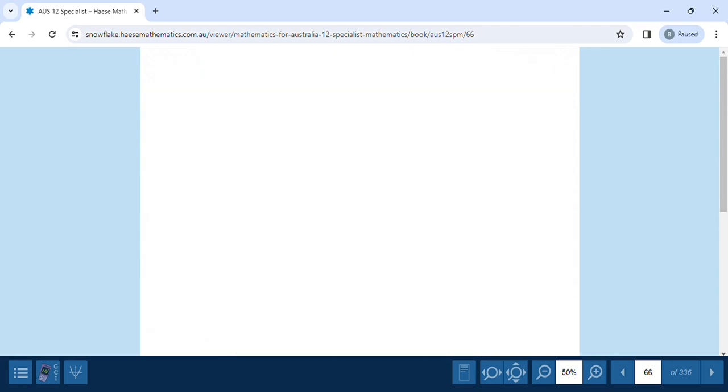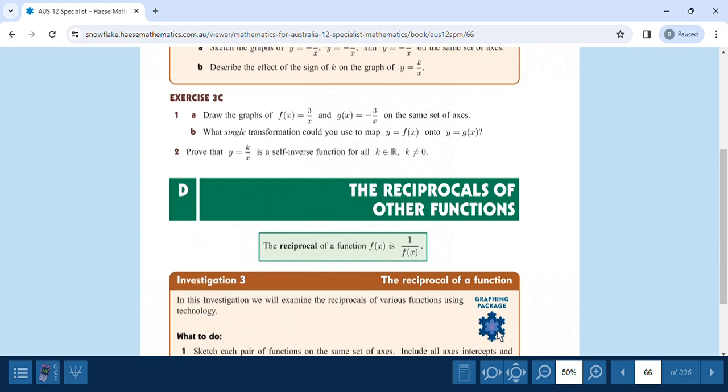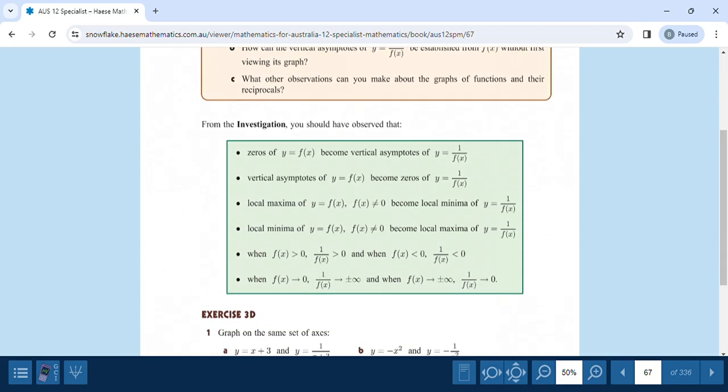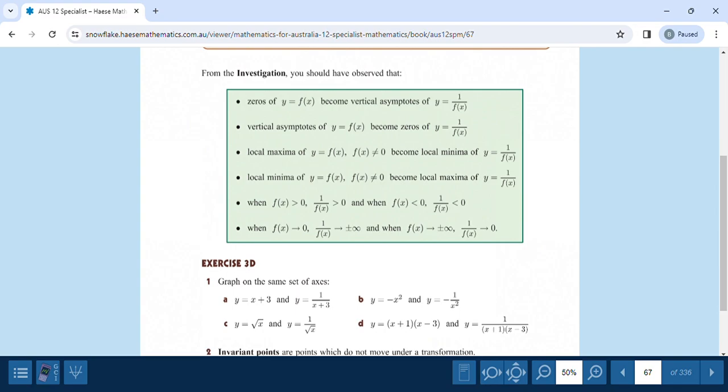So there's an investigation here, and it says from what you should have found from the investigation of these points, the zeros of f of x become vertical asymptotes of 1 over f of x, which makes sense because with anything approaching 0 on the bottom of a fraction, the whole fraction is going to approach infinity, whether in the positive direction or the negative direction, so going upwards to infinity or downwards to negative infinity, and then you'll have a vertical asymptote in between.